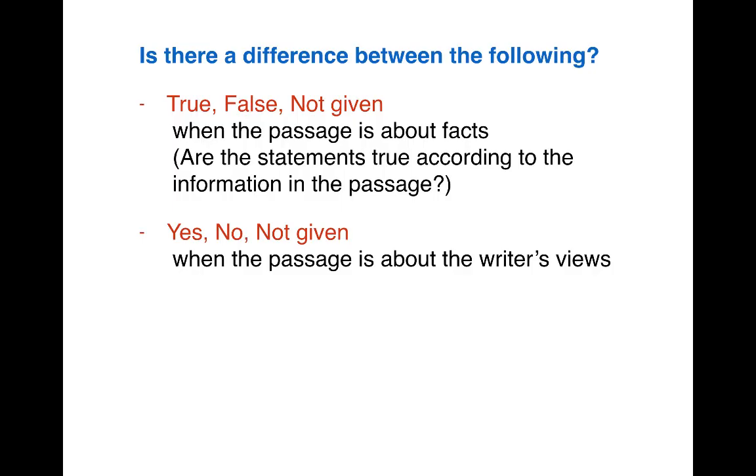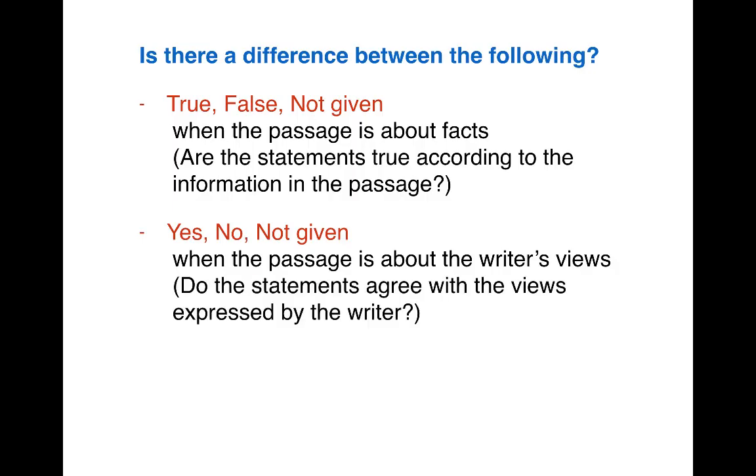And the reason they say yes or no instead of true or false is because the question will ask you, do the statements agree with the views expressed by the writer? The words yes and no answer the question, do the statements agree? Yes, they agree, or no, they don't agree. That's why we need to write yes or no instead of true or false for this type of question.